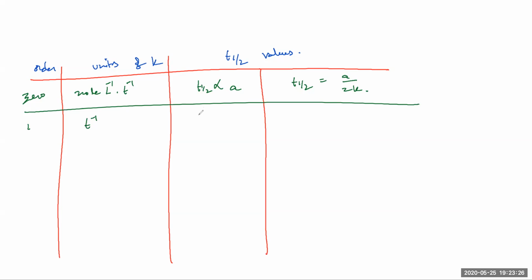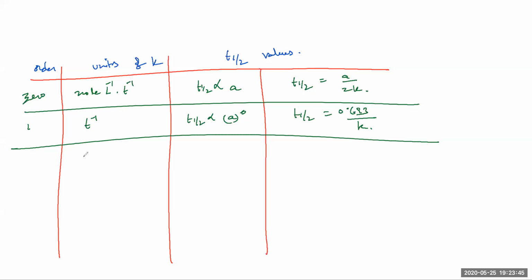Next, what is the half-life period? t half is directly proportional to A power 0, which means it doesn't depend on concentration. We already derived t half as 0.693 by k. Next, second order. What are the units?